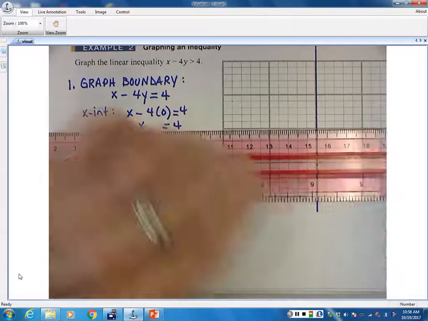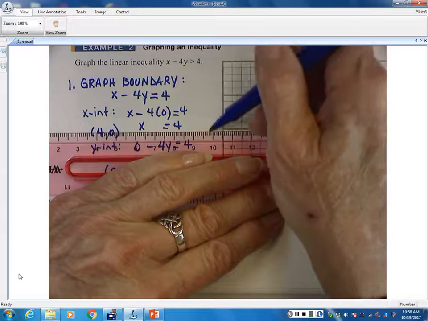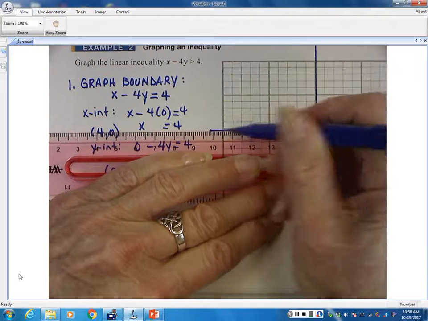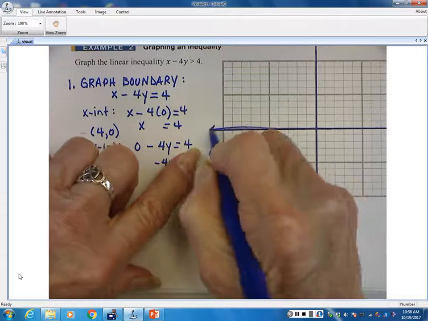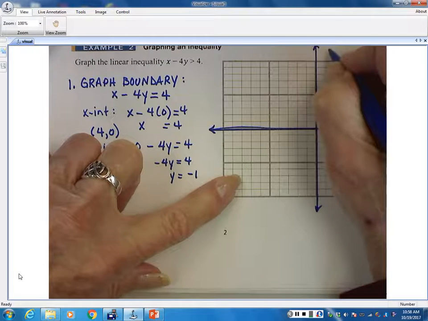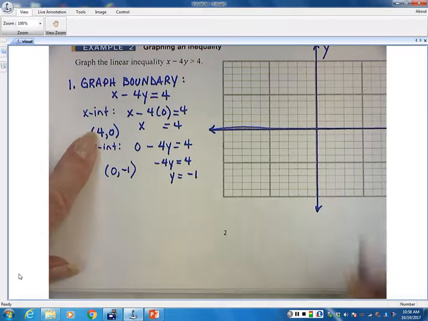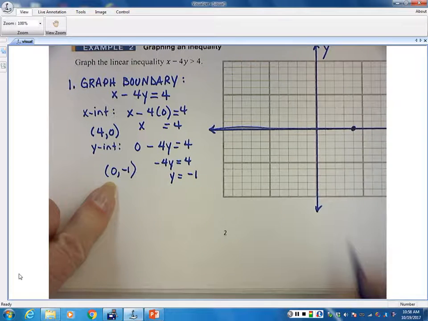So we use that information to draw the boundary. Plot the point 4, 0, 0, -1.